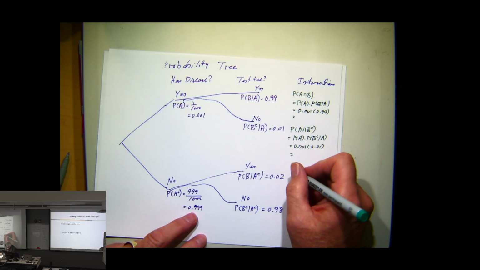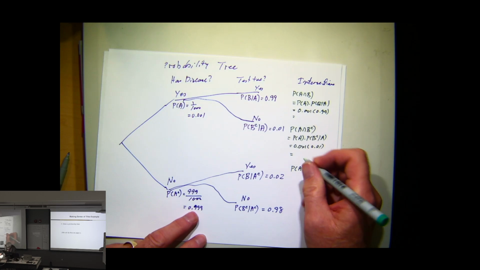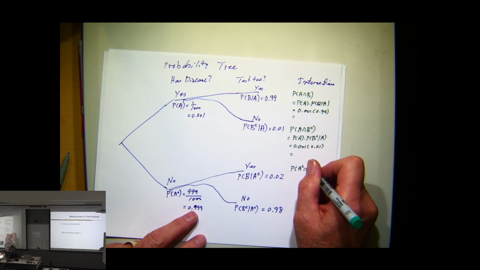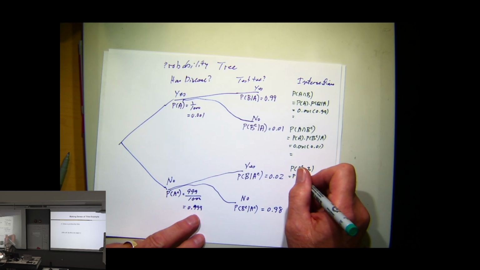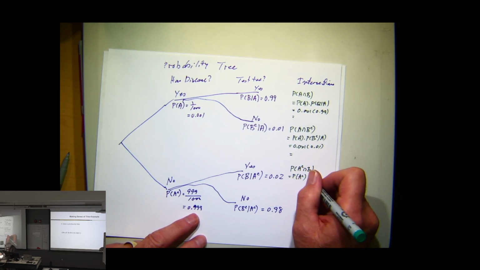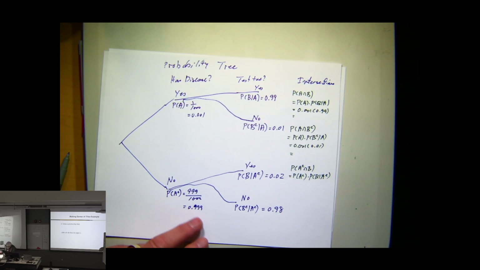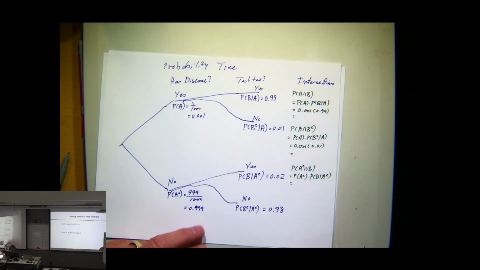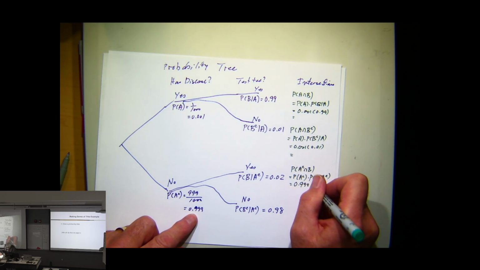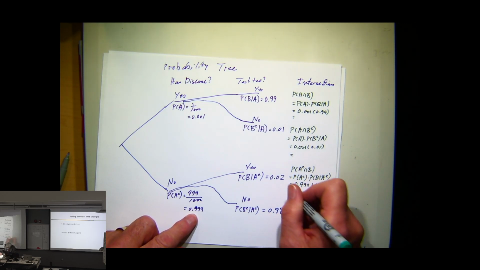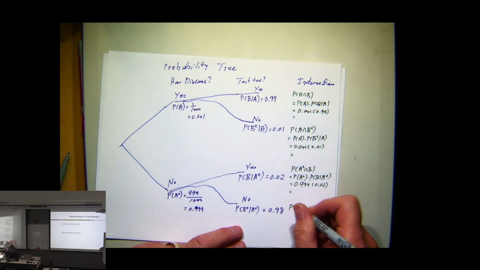And we continue to go down. We work out these intersections. This is the probability of A complement intersect B. It is going to be the probability of A complement times the probability of B given A complement. And that's going to be 0.999 times 0.02, and that's a number. We know we can calculate the numbers.